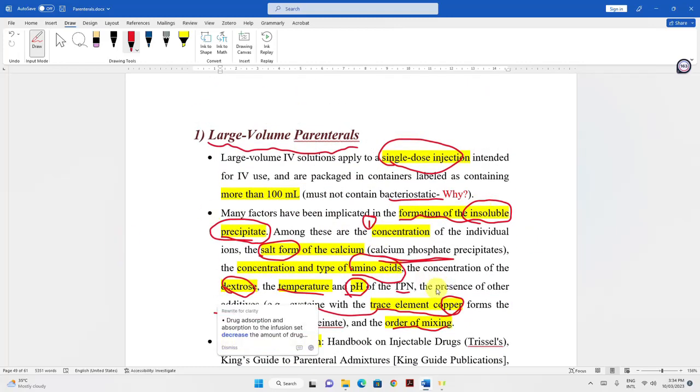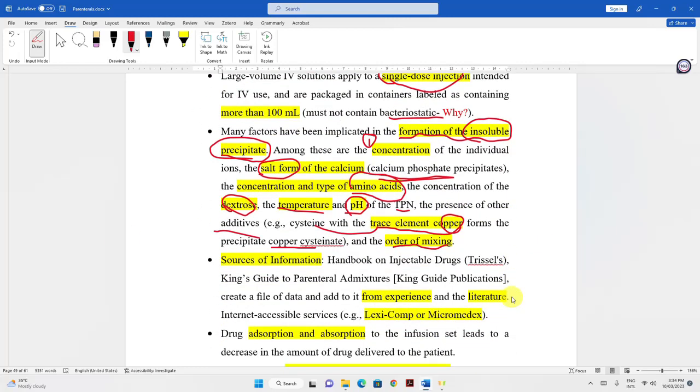Because of the danger of precipitation, you need resources, okay? And one of the resources is the Handbook of Injectable Drugs, which is referred to as TRISSEL'S. Another resource is King's Guide to Parenteral Admixtures, okay?